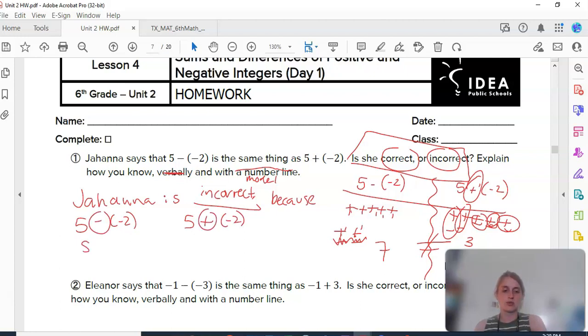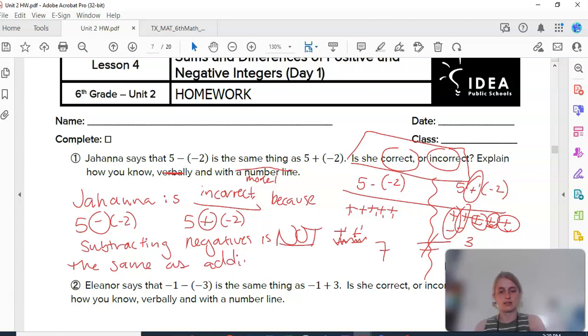Because subtracting negatives is not the same as adding them. And you can even point over to your proof. Look, I proved it. I did the 2 problems, and 7 is not the same answer as 3.